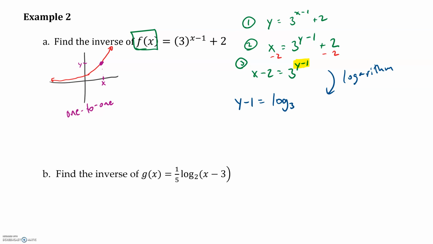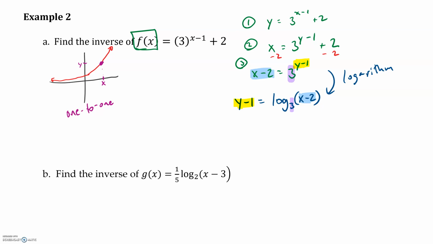And then the x minus 2, the thing that was outside all by itself, is going to go inside what's called the argument of the logarithm. So x minus 2 goes inside the logarithm. Y minus 1 goes outside by itself. The exponent comes to the front by itself. And of course, base 3 is still the base of the logarithm.